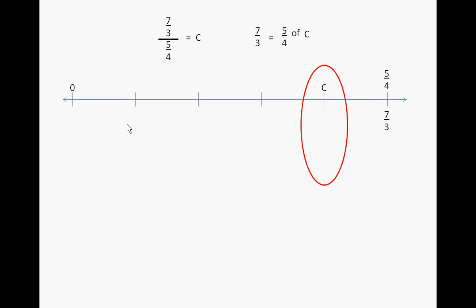Ignoring the top part of the number line, what is this first partition out of 7/3? There's 1, 2, 3, 4, 5.